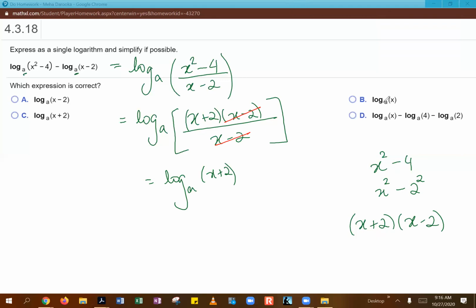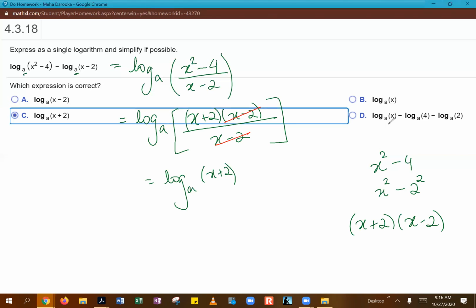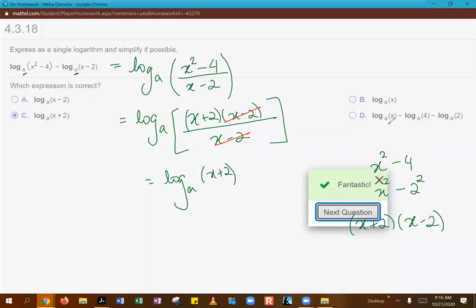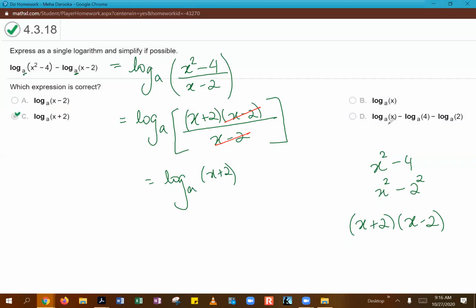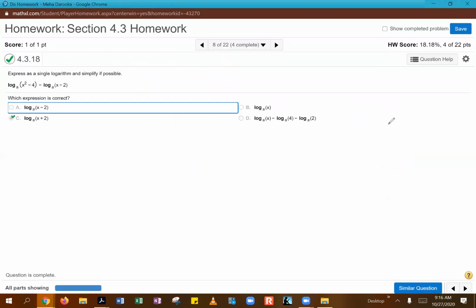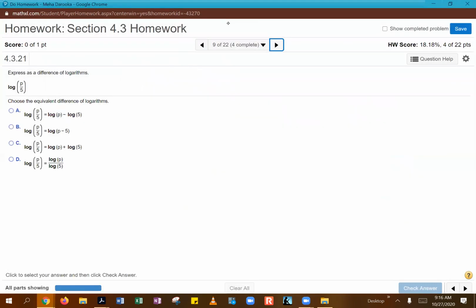And then, of course, when you compare it to options B and D, you will obviously see those were not even close to what our answer should have been. So very nice. It should be option C in this case. So just different examples using your product rule and quotient rule.